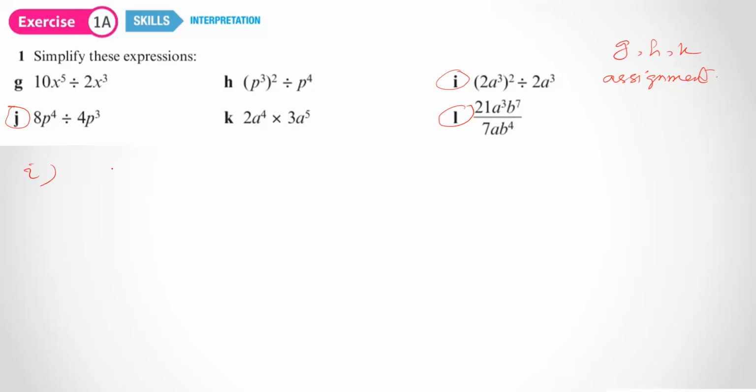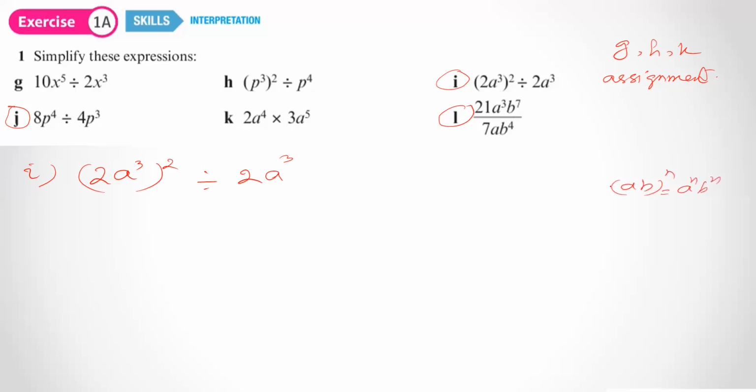I part states 2 times a power 3 whole power 2 divided by 2 times a power 3. First of all, we shall solve this bracket. This means the fourth law will apply. Fourth law was that a and b whole power n shows a power n and b power n.